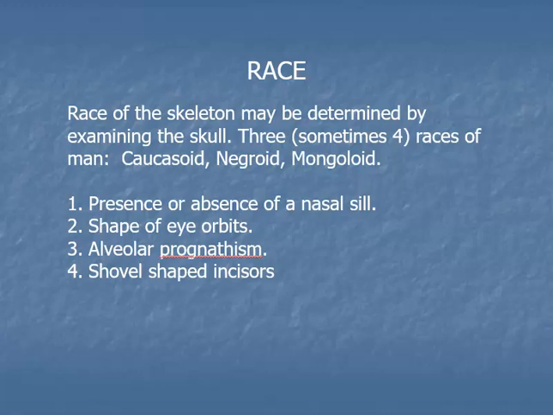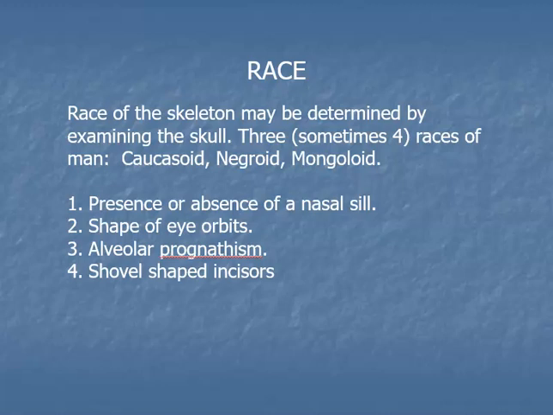Now, Mongoloids would include all your Asian type races. So the nasal seal is believed by cultural anthropologists to be an attempt to contain moisture within the nose. That you don't want the nose to lose needed moisture in the mucous canals.